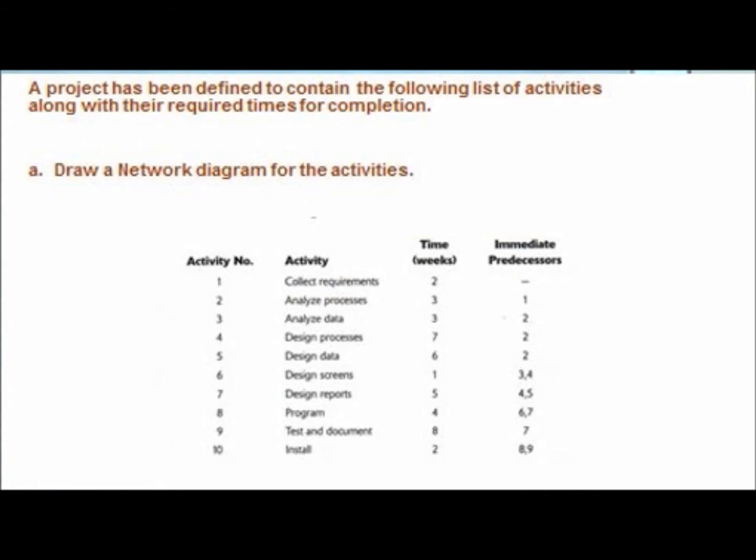So a really good way to check that you understand this is obviously to work a problem. What I have now is some problems, and then I have some answers, and we'll be separating out the problems from the answers in the links. But here's our first one. We've got right here a list of activities, the time in weeks, and the immediate predecessors, which is exactly everything you need to draw a network diagram.